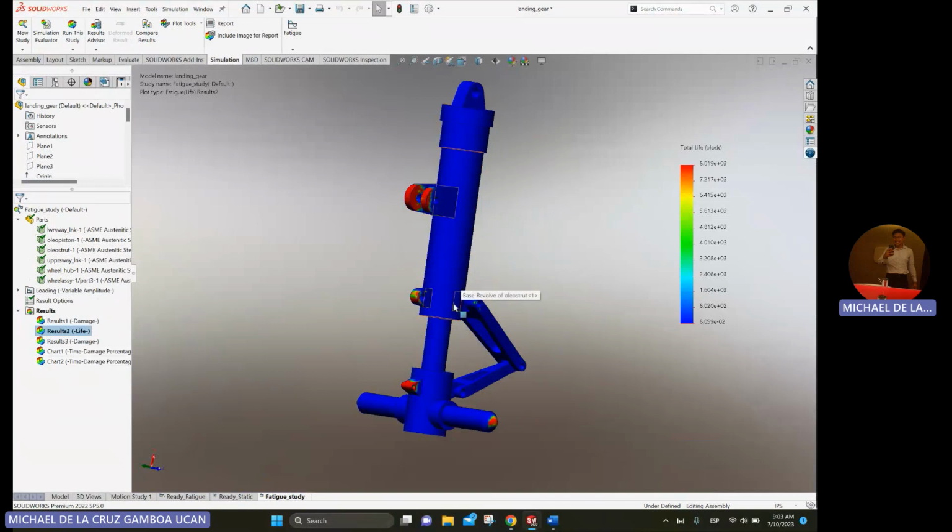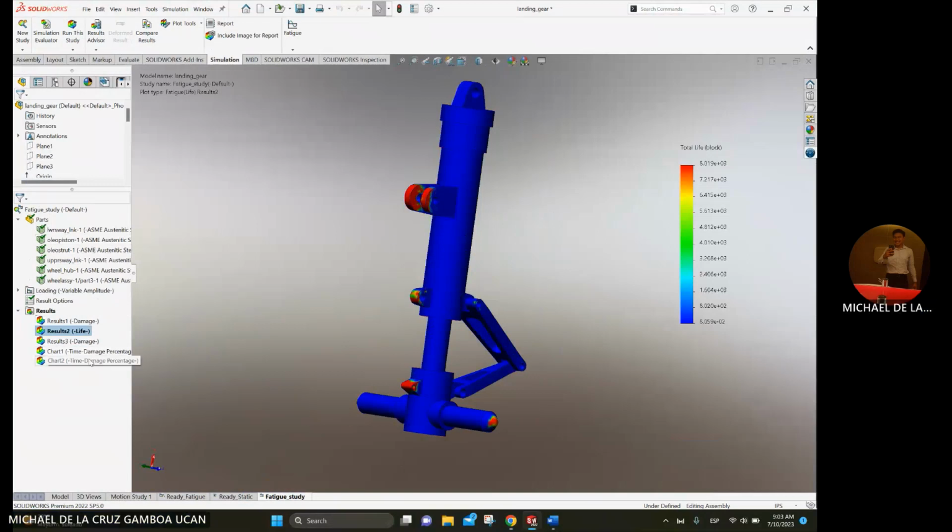In blue, it's the part of the piece that can be useful for more time, and in color red, this part, and this point, is a part of the piece that can suffer stress and can fail first.